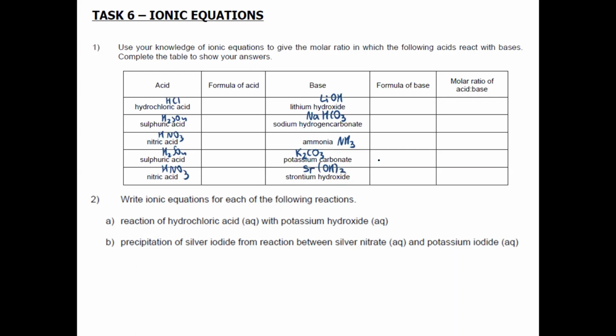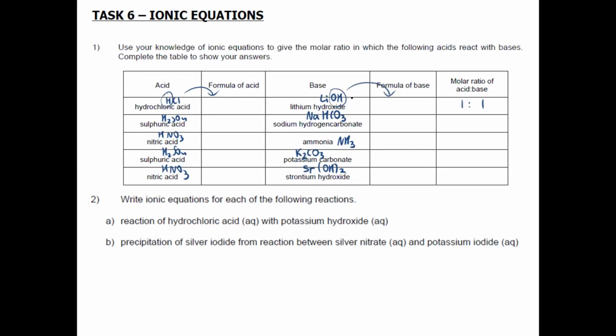Now, what's going to happen? So you can work out how they react. So your HCl and your lithium hydroxide, right? Oh, actually, I just realized all these should go in here. Okay, so the first one, the ratio will be 1 to 1 because I will have HCl in here, LiOH in here.